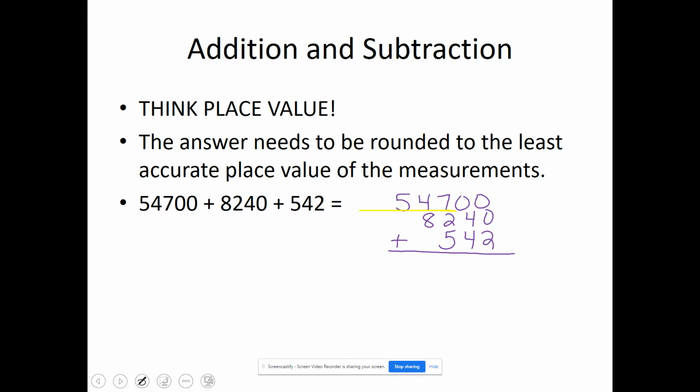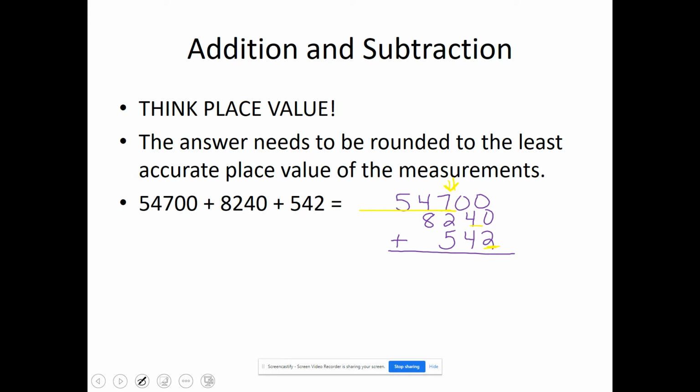The second one is accurate to the nearest tens. And the last one is accurate to the ones place. So you want to go to the one that is the least accurate. So our least accurate place value is the hundreds. So we should be rounding our answer to the nearest 100.